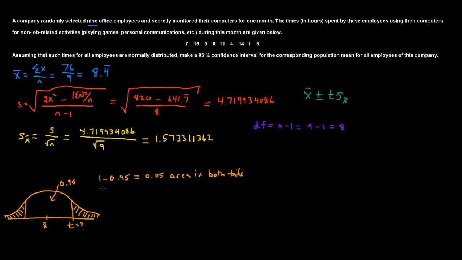If you divide 0.05 by 2, we get 0.025 area in each tail. So here, that area is 0.025, and the area in this tail is 0.025. So we want to find this t-value.